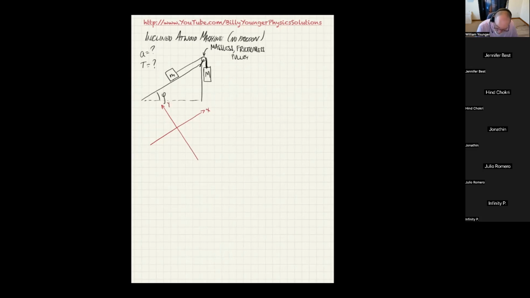When I do that, what I have is a mass here of little m that has a weight mg acting on it. If that's the incline, then this angle right here is the angle that we called phi.